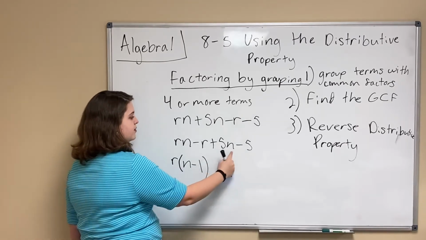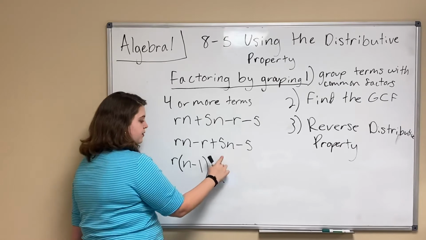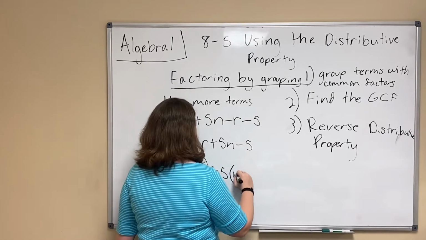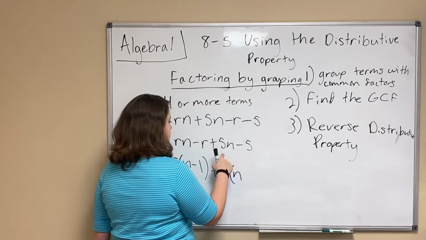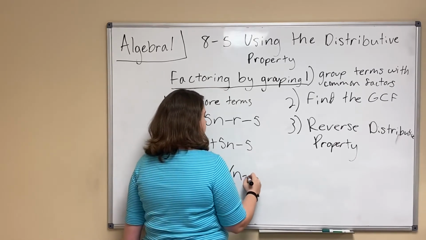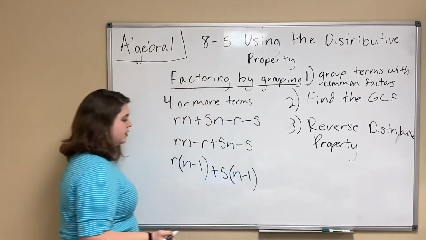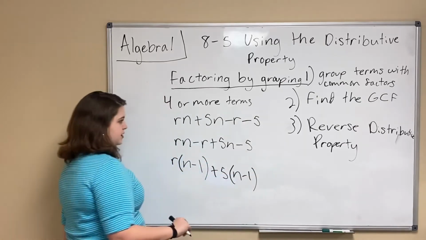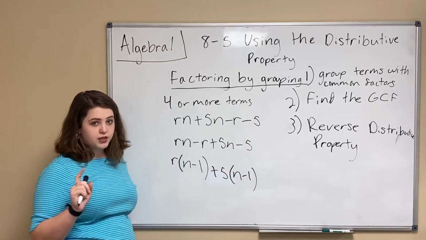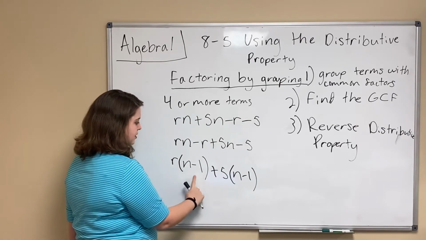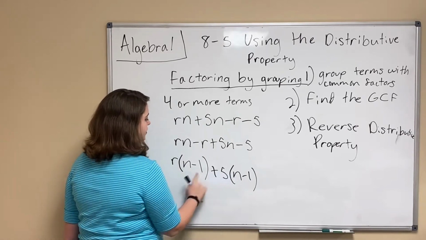Now with 5n minus 5, I can take a 5 out, so I'm going to go plus 5, and that's going to give me 5n divided by 5 is n, and negative 5 divided by 5 is negative 1. So that's my reverse distributive property here. Now what you'll notice about these is that we now have r times n minus 1 and 5 times n minus 1. These are the same.